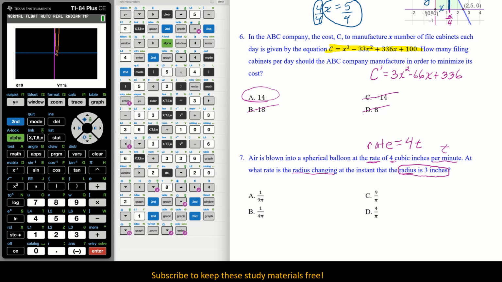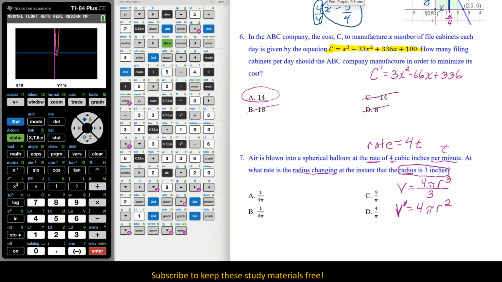Now we know the volume of a spherical balloon is 4 pi r to the third over 3. If we're talking about rate of change at an instant, that screams the first derivative, V prime. The first derivative of the volume is the surface area, which is 4 pi r squared.